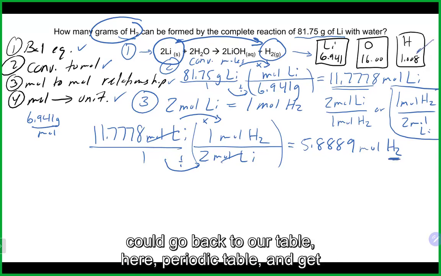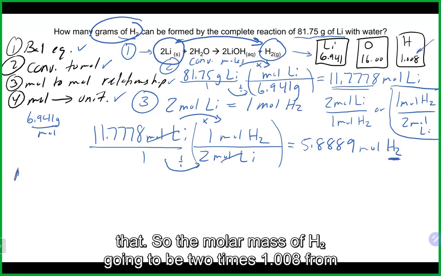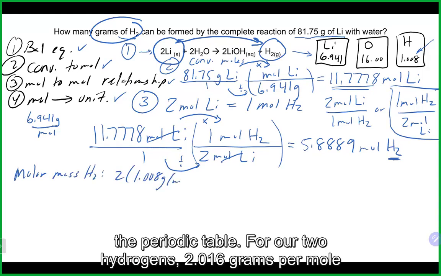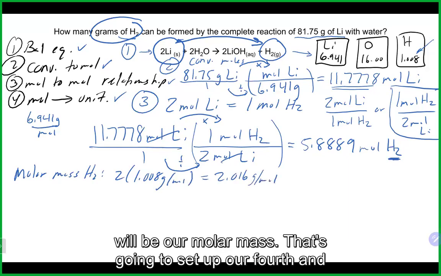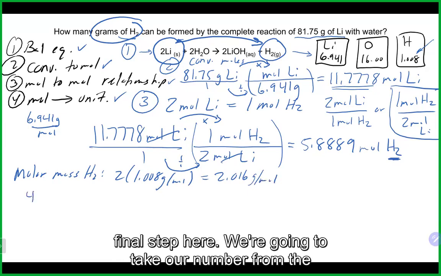Again, we could go back to our periodic table and get that. So the molar mass of H2 is going to be 2 times 1.008 from the periodic table for our 2 hydrogens, which is 2.016 grams per mole. That's going to set up our 4th and final step here.